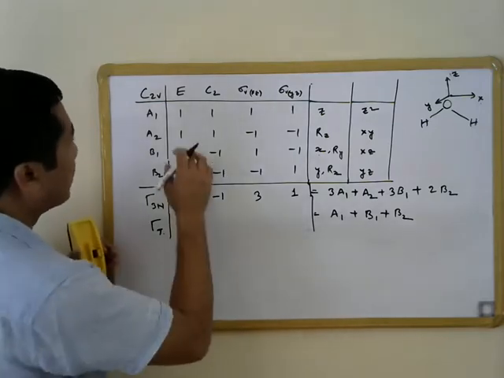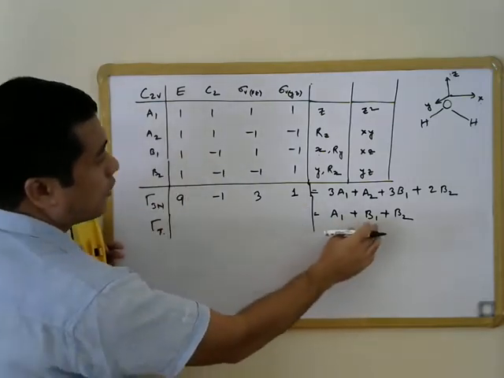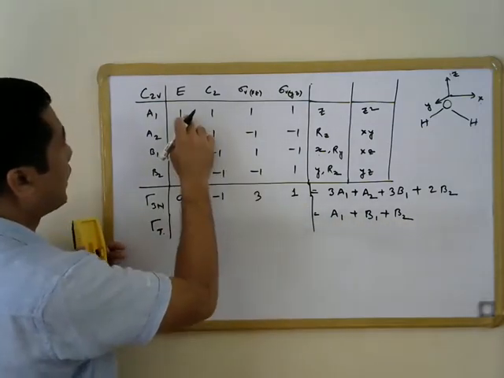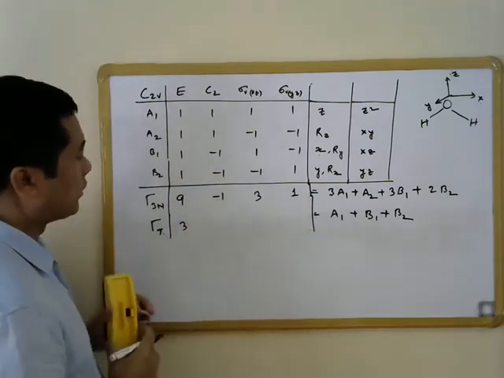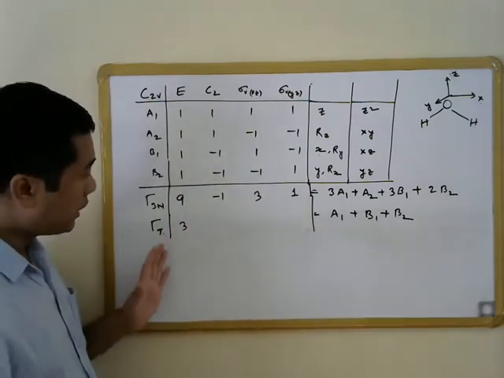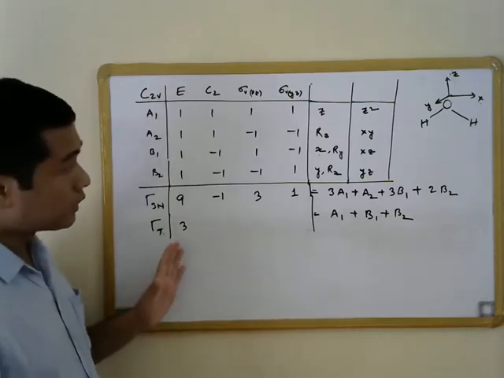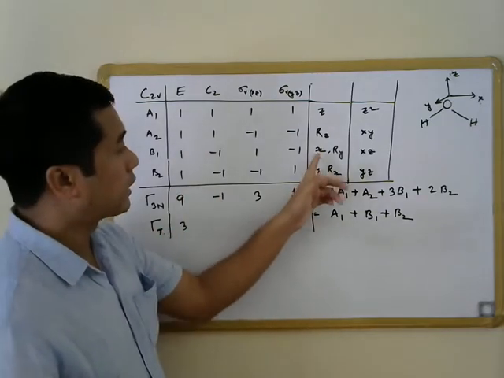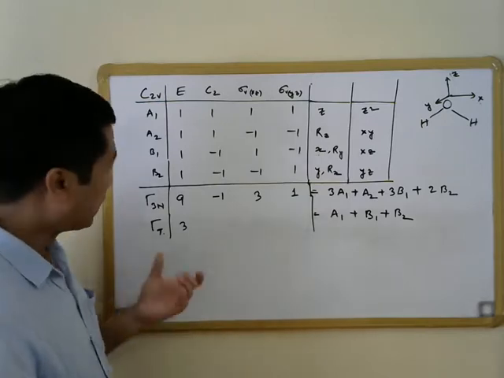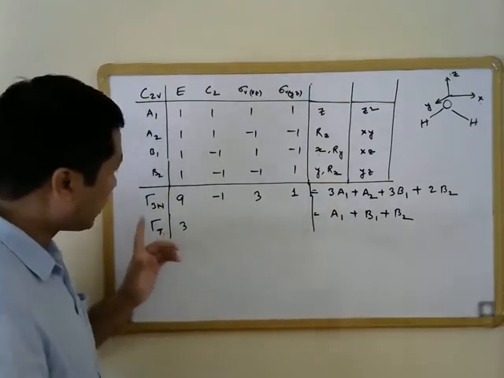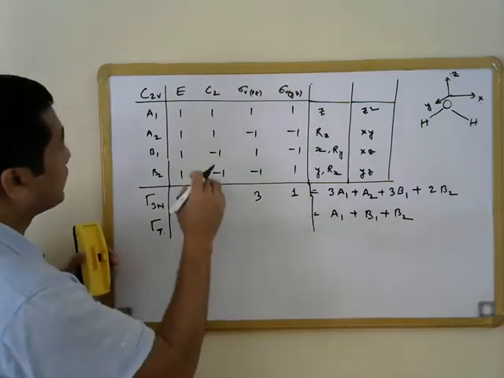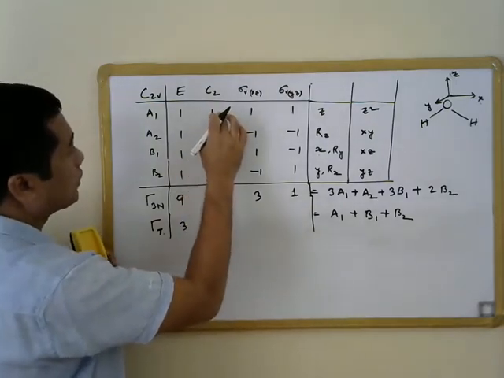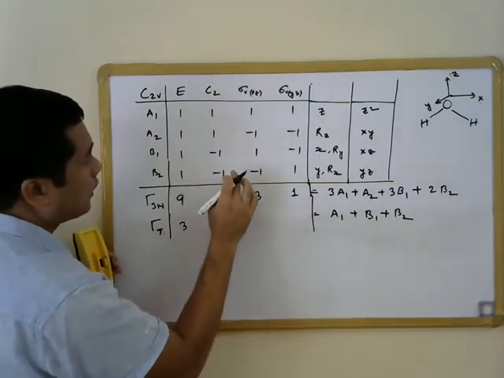So if we add the characters of A1, B1, and B2, that is 1 plus 1 plus 1, this answer for the identity operation is going to be 3. This is a three-dimensional representation because we have three coordinates x, y, and z here. So the character of the identity operation is going to be equal to plus 3. Then for the C2 operation, plus 1, minus 1, minus 1.